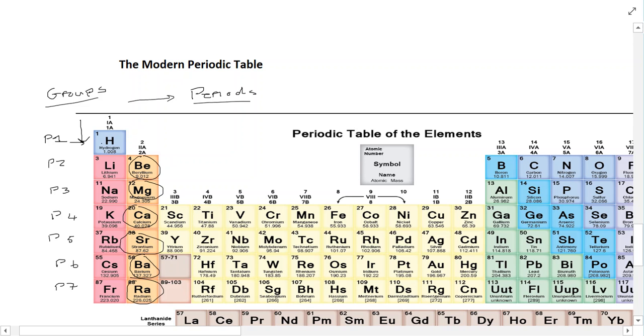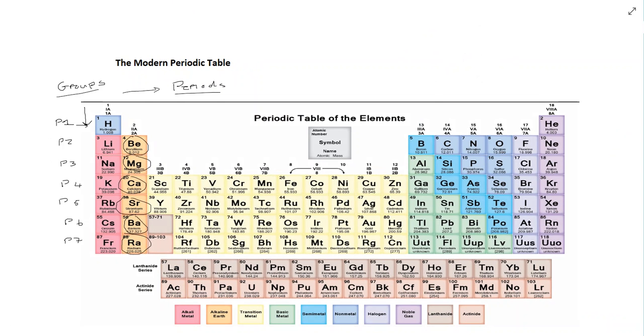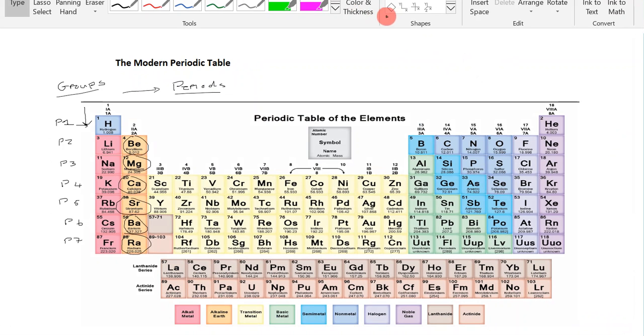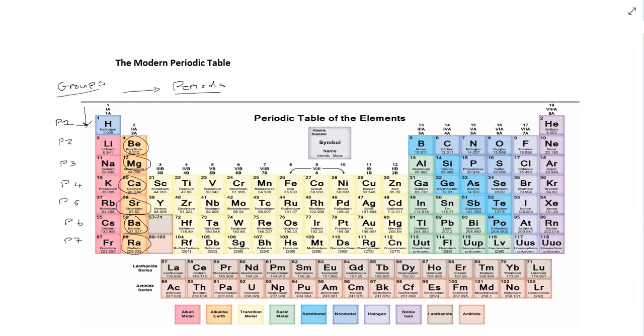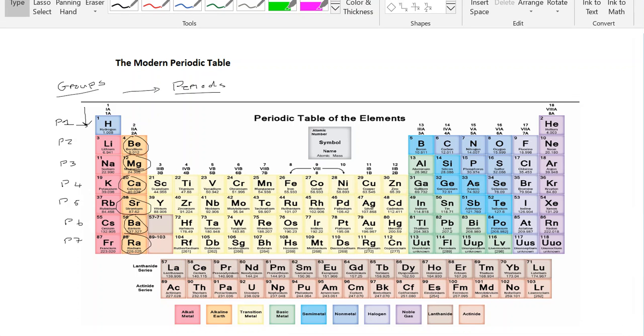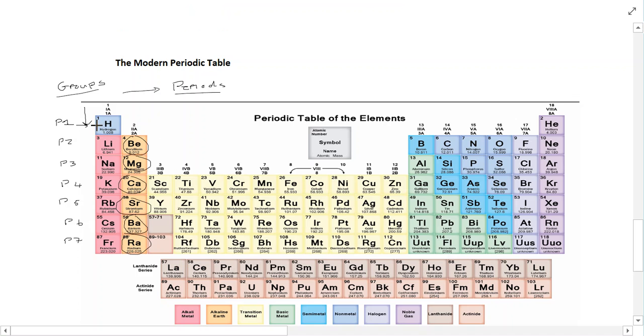Period 1, if you were to draw a straight line across, is going to be all of these elements across here.